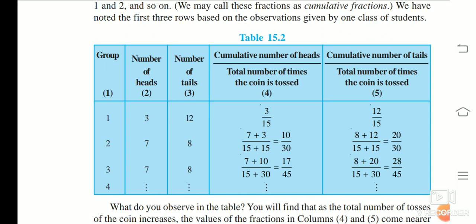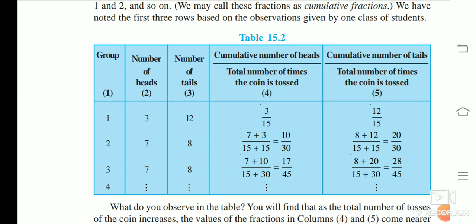Then the cumulative number of heads divided by the total number of times the coin is tossed. That is, number of heads 3, so 3 by 15; number of tails 12, so 12 by 15. Next, the second group has 7 and 8, cumulative.